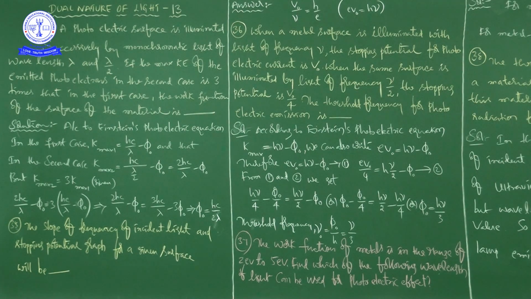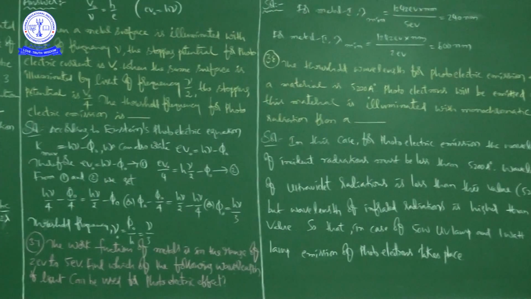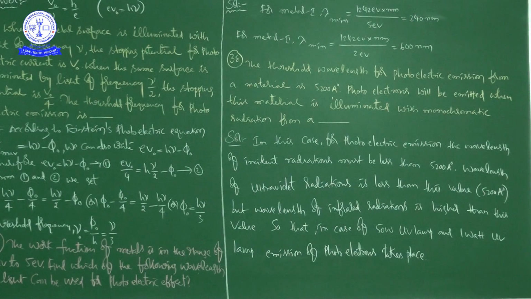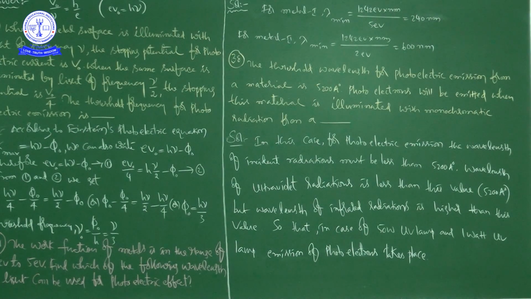See here, for metal 1, to find the threshold wavelength, lambda is equal to hc, the product of Planck's constant and the speed of light, divided by the value they have given, that is the work function.